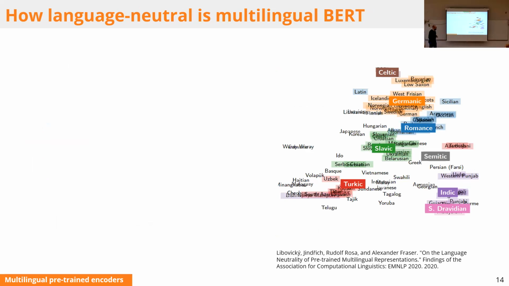One of them was that when we took the average embeddings of sentences in different languages and then clustered the averages, it appeared that we could partially reconstruct the general genealogical tree of the languages.